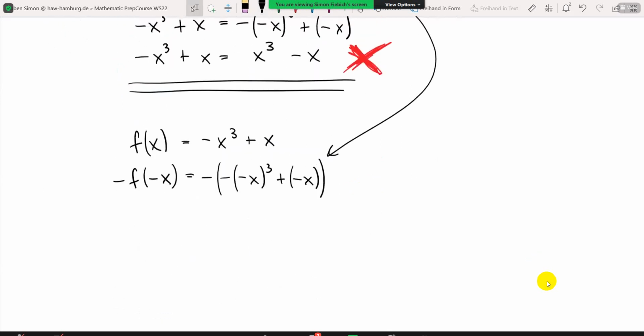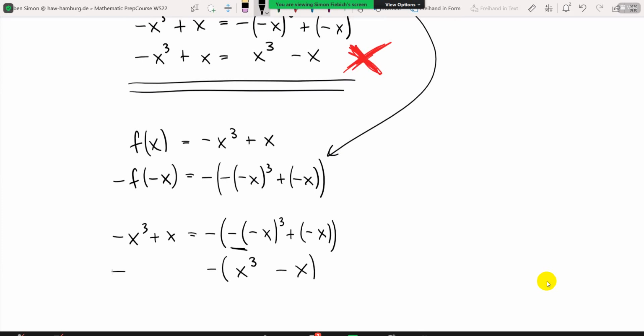Again, this gives us a new equation. This would be negative x to the power of 3 plus x equals negative, negative, negative, like this. And then again, we have the same as before. Negative x raised to the power of 3 will still be negative, but with another minus in front, it will be positive x to the power of 3. Plus minus x is still minus x.